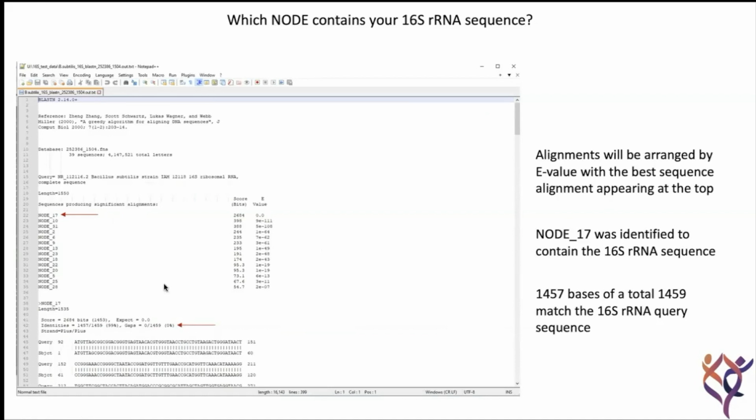And you can see here that node 17 comes out on top. You can see that the identities, the matches, are 1,457 out of 1,459. So a very good match. There are no gaps. So you can state with confidence that node 17 contains the 16S sequence.